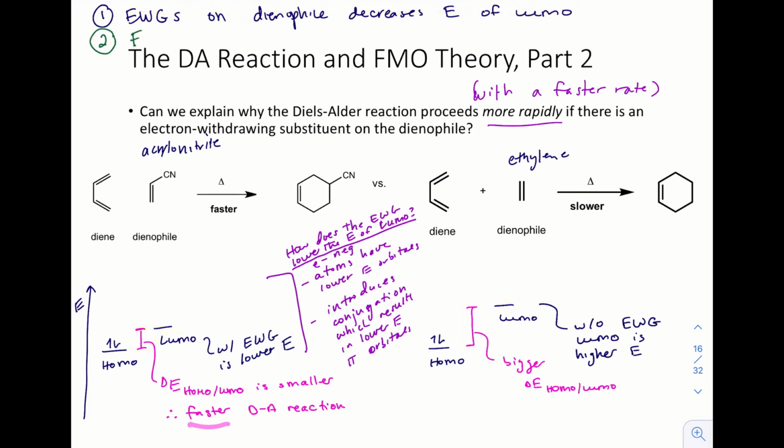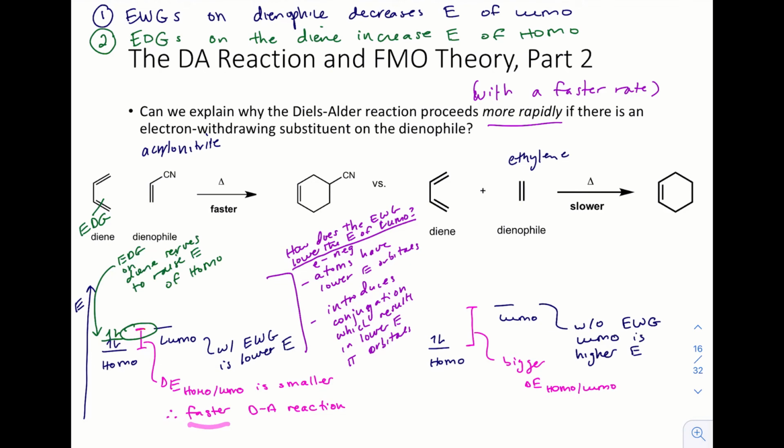I will add to this slide that electron donating groups on the diene would serve to increase the energy of the diene HOMO. Right? We've said oftentimes there's an electron donating group on the diene that actually causes the energy of the HOMO to increase, again resulting in a smaller difference in energy between the HOMO and the LUMO of the two reactive species, and would result in a faster Diels-Alder reaction.